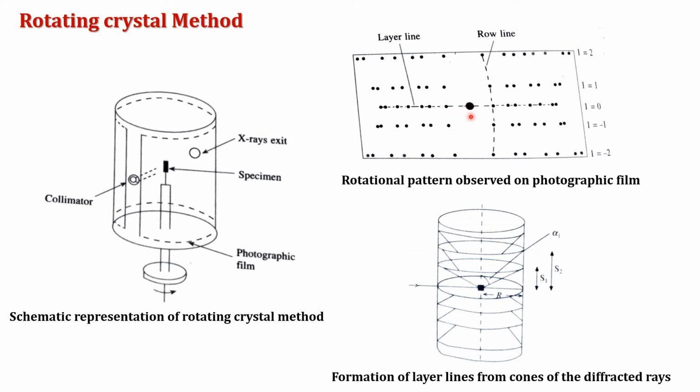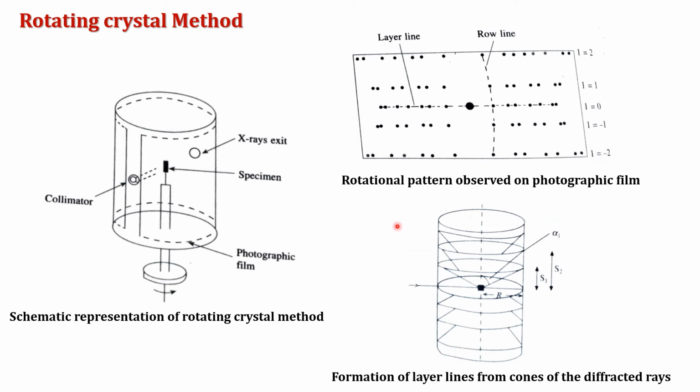The center of the film corresponds to the exit point of the direct X-ray beam, which corresponds to 0 Bragg's angle, and the other layer lines are separated by S1, S2, S3 and so on.